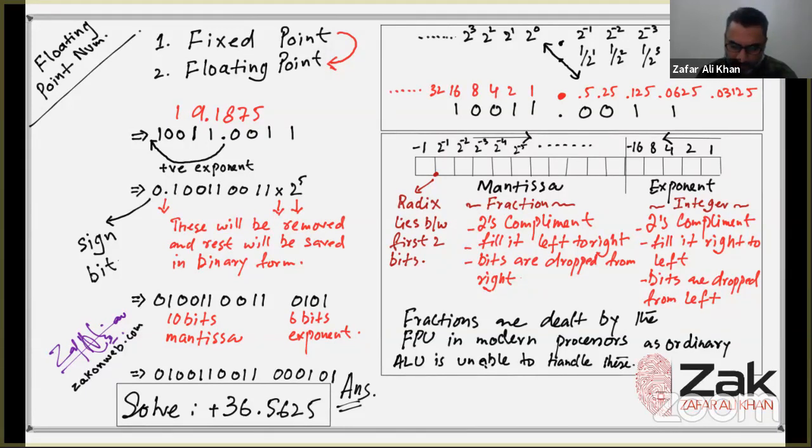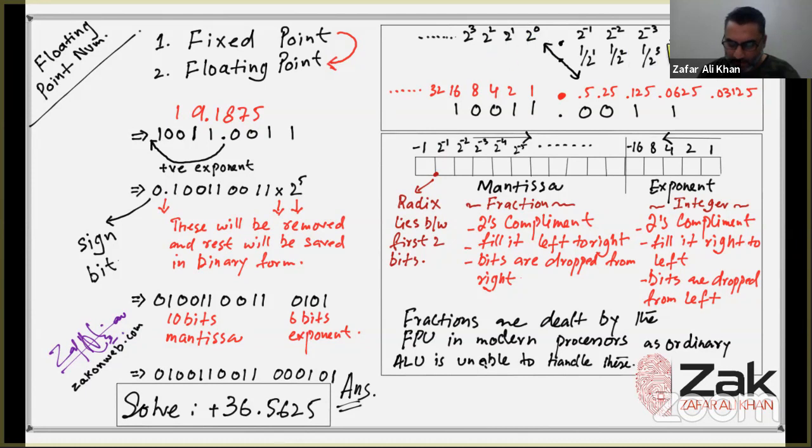In fixed point, we need to consider, like in denary numbers, 10 to power 0, 10 to power 1, 10 to power 2, 10 to power 3, and then 10 to power minus 1, minus 2 and minus 3. But over here in the base 2 system, we use 2 to power 0, 2 to power 1, 2 to power 2, 2 to power 3, and this goes towards the left, and 2 to power minus 1, minus 2, minus 3, and minus 4 towards the right.